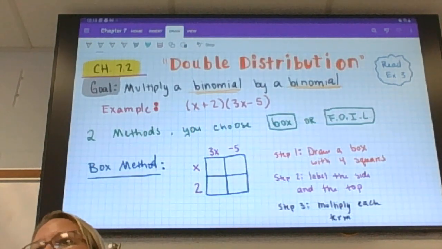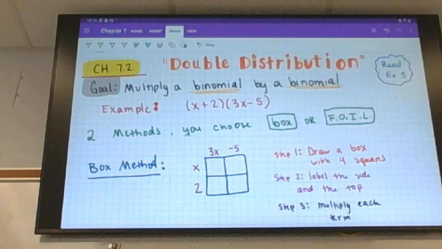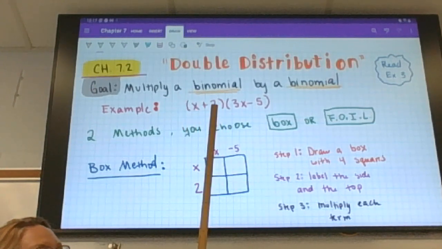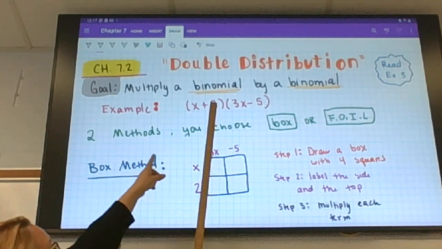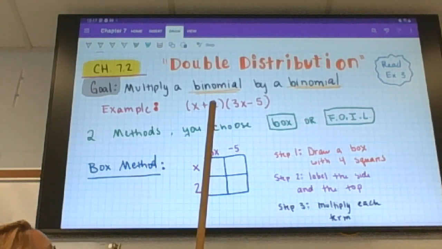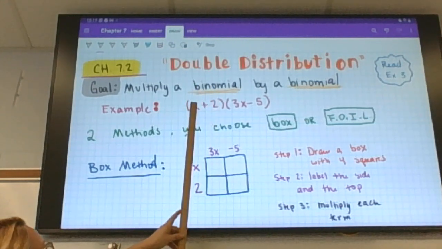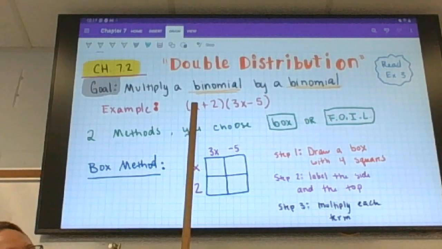It's just double distribution. We show this lots of different ways, but if we just cover up one of them, it's a binomial, right? Cover up one of them and distribute x times 3x and x times -5. Write that down. Then you go back, cover up the other one, and distribute the 2: 2 times 3x, 2 times -5.